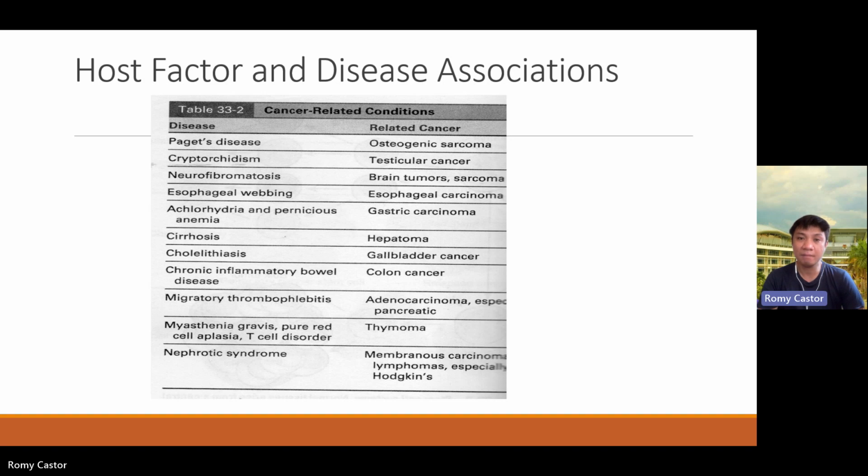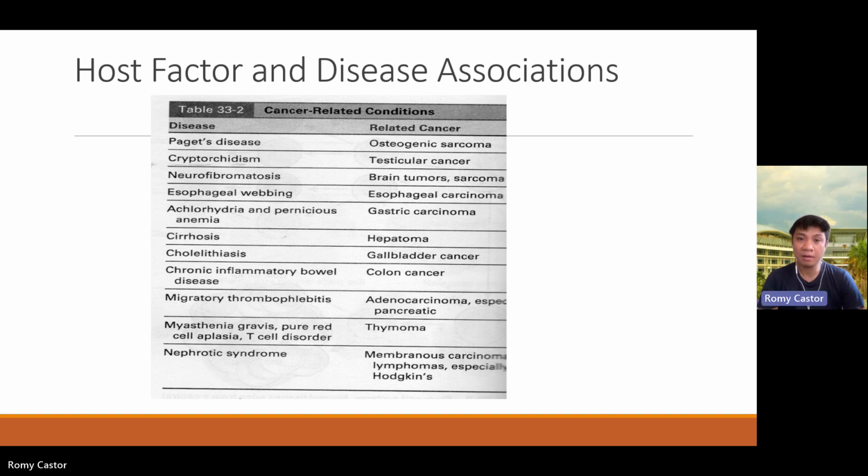The neurofibromatosis, sa brain natin, results in brain tumor. Esophageal webbing with cancer of the esophagus. Achlorhydria, a decreased gastric hydrochloric acid, can result in gastric cancer. Cirrhosis with the liver, cholelithiasis, which is our gallstones, can result in gallbladder cancer.